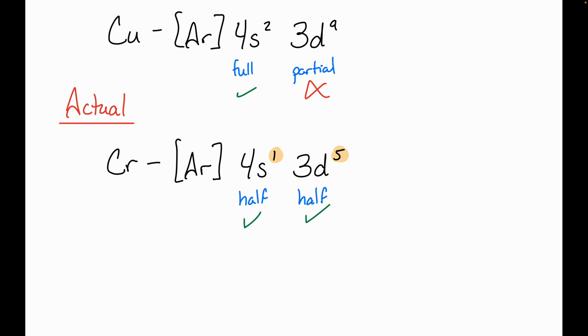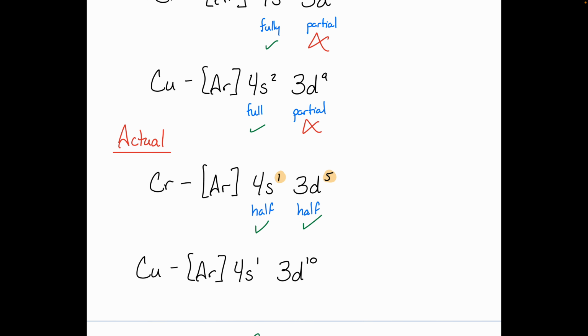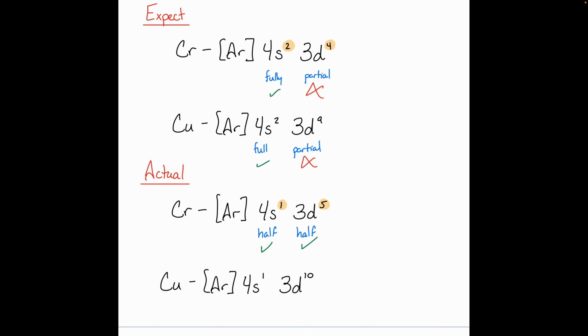It's going to move one of those electrons from that 4s orbital into that 3d orbital. So now it's got one electron in its 4s and a full 10 electrons in its 3d. So now it went from being full and partial to half and full. Win-win.